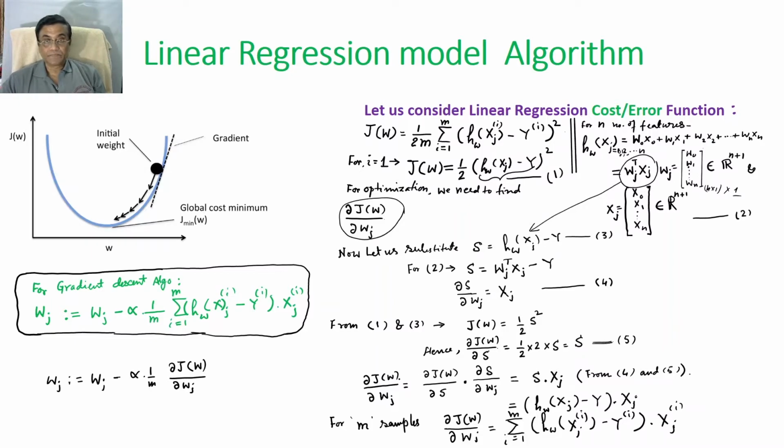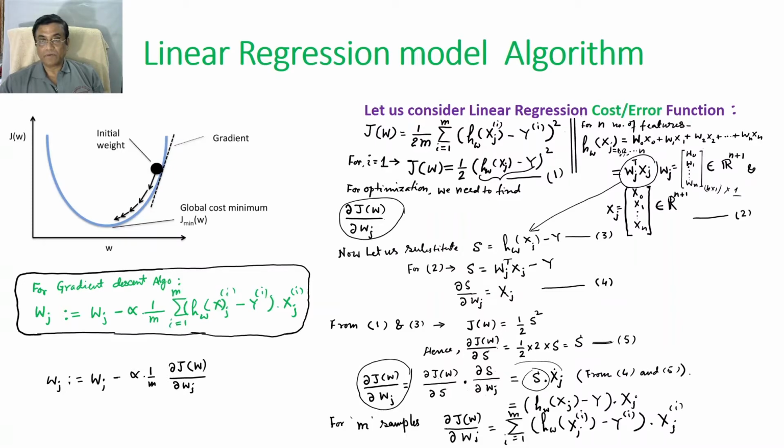And now I need to calculate this. This is equal to the partial differentiation of the cost function with respect to S times the partial differentiation of the substitute S with respect to the parameter. And now you put in the values. This S we have got, and this we have computed here.